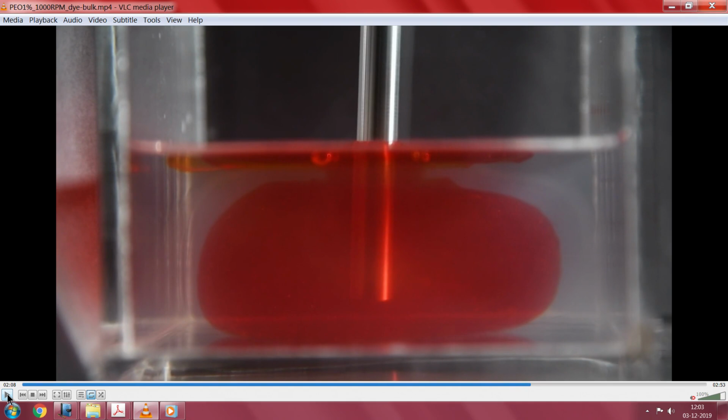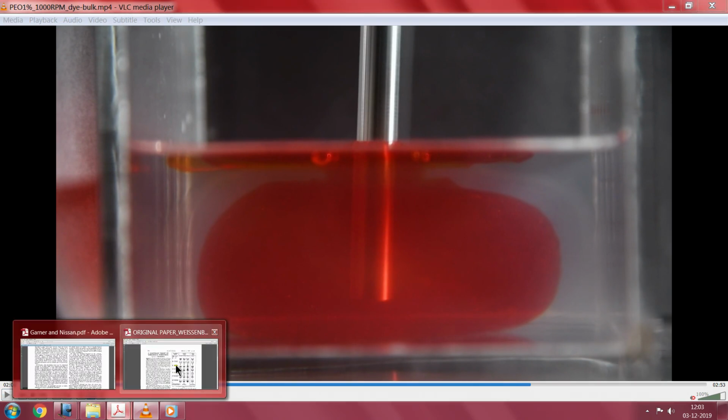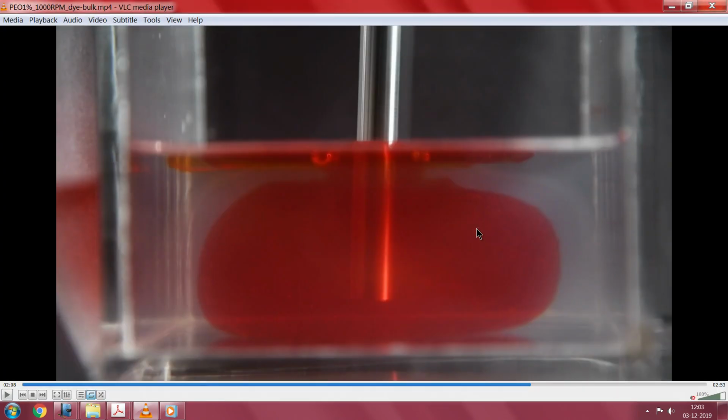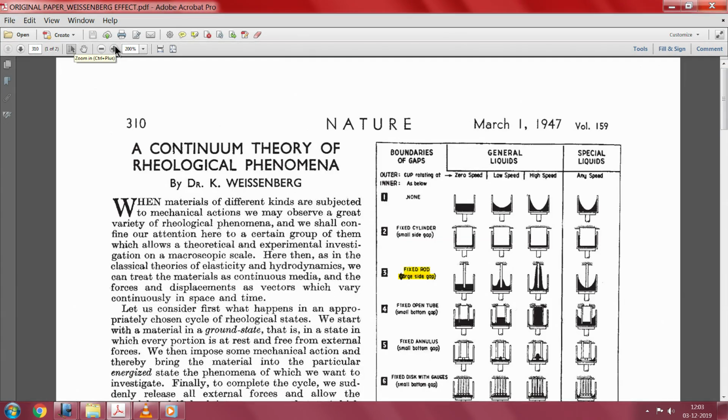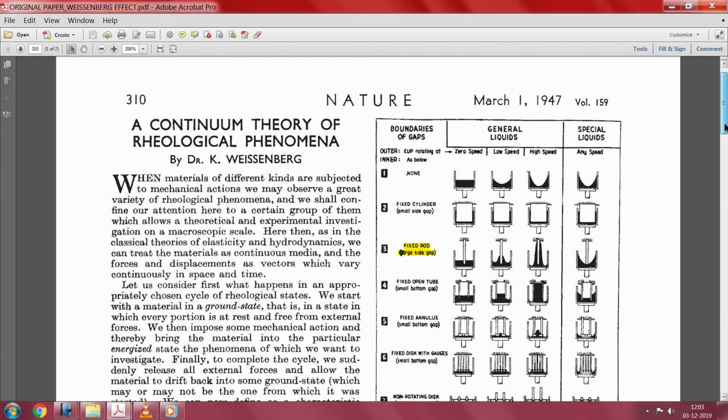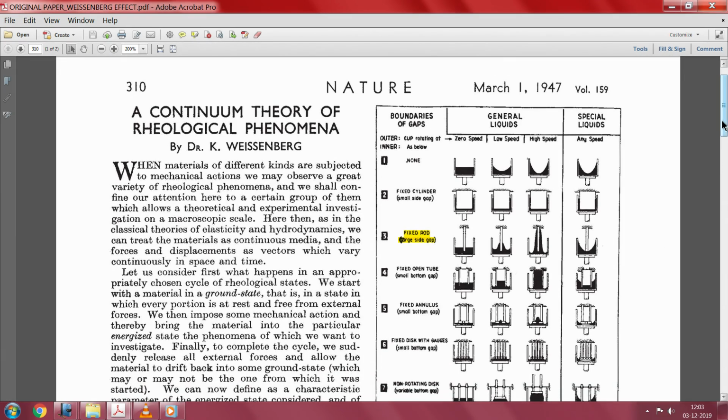Okay. So, one of the very important papers on this particular topic was written by Weissenberg, and that paper is titled A Continuum Theory of Rheological Phenomena.